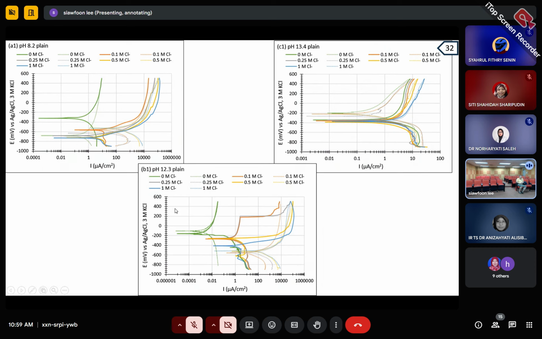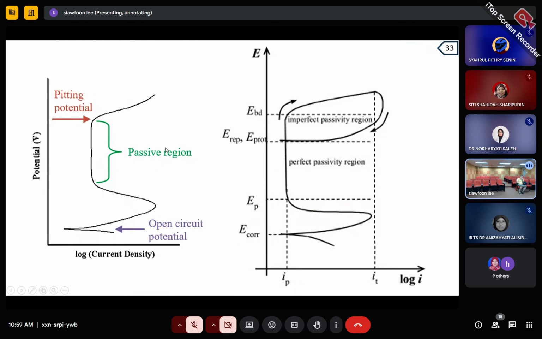This is the passive region, and when the pitting potential is reached, as I showed in my previous slide, the corrosion goes deep at one point, like an apple, going deep inside the steel.